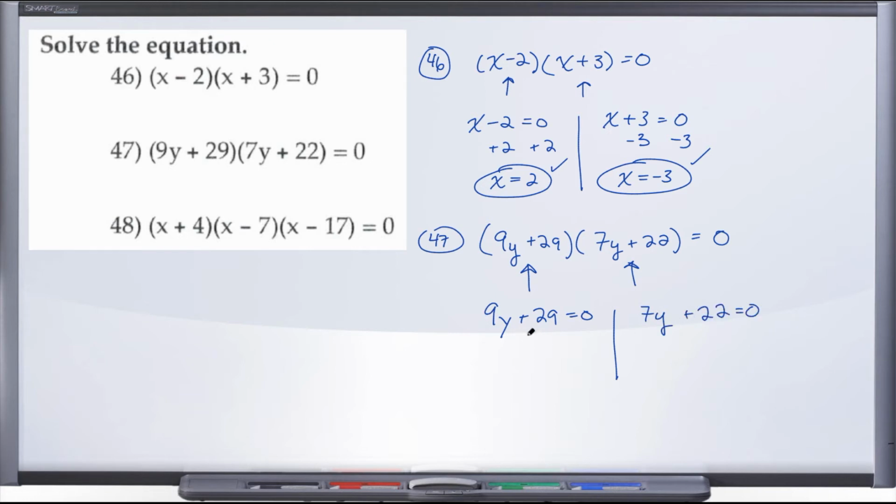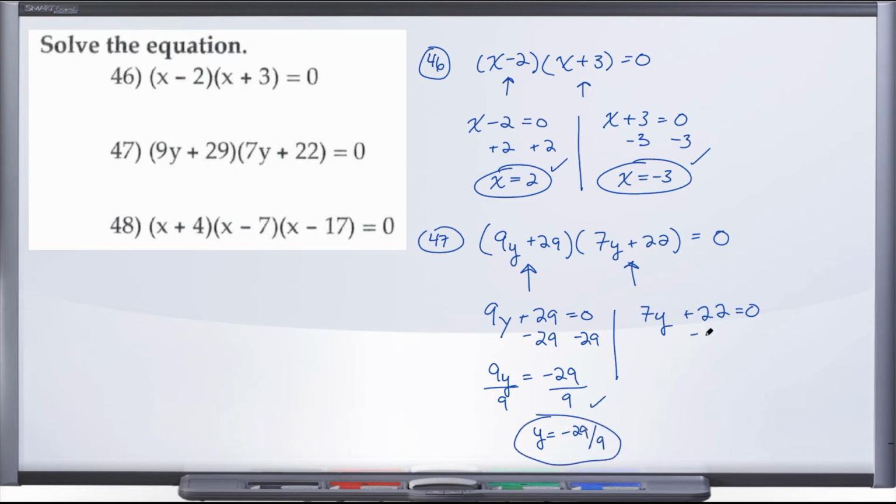All right, so here on the left, we want to solve for y, so we'll subtract 29 from both sides. That leaves us with 9y equals negative 29. Divide by 9, so y equals negative 29 over 9.